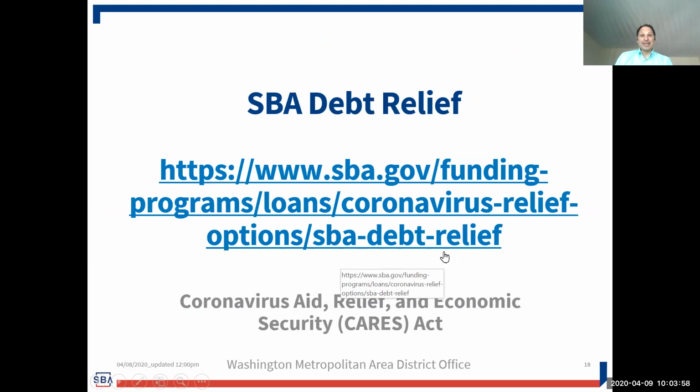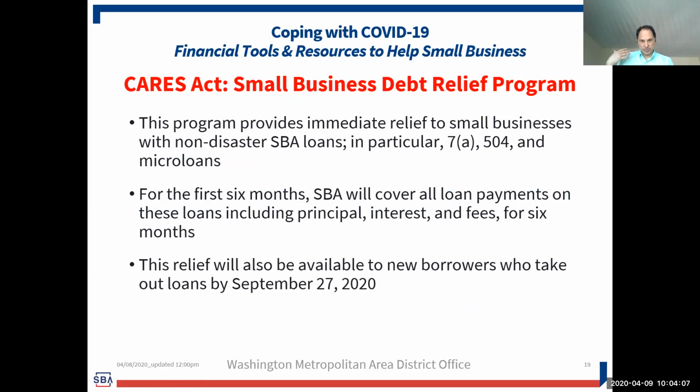So, debt relief. This is a big monster of a URL, but you're going to be able to see it on the website. This provides immediate relief to small businesses with non-disaster loans. So if you have a 7A, a 504, or a microloan, for the first 6 months, the SBA will cover all loan payments on these loans, including principal, interest, and fees.